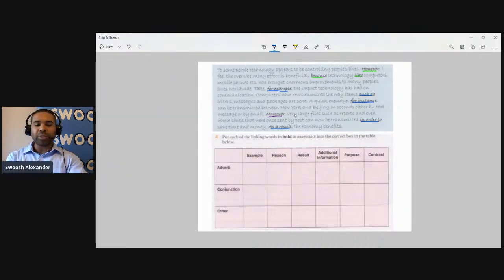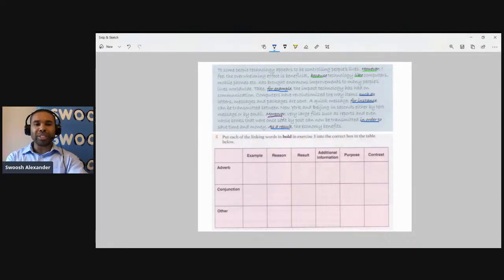And what we have to do is to identify the grammar and the purpose of these linking words. So you will see, as I said previously, that I've already underlined these words and I've used different colors in order to do this. I've used blue, green, and purple.